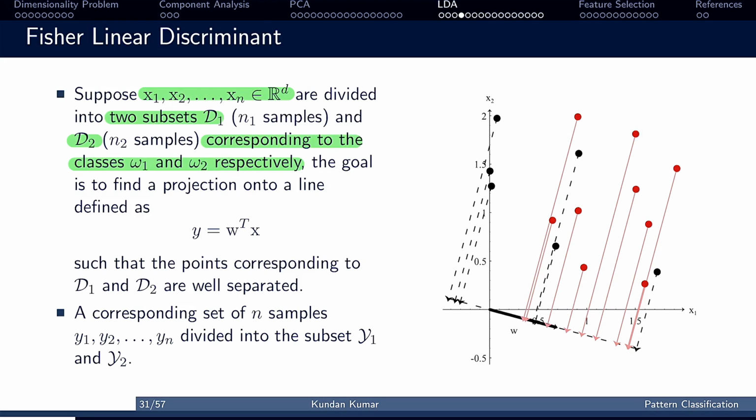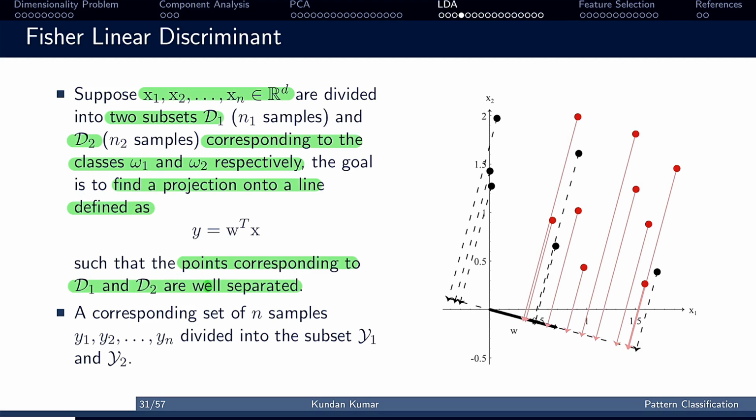In linear discriminant analysis, our goal is to find the projection onto a line defined as y equal to w transpose x, such that the points corresponding to sets D1 and D2 are well separated. That is basically our objective.